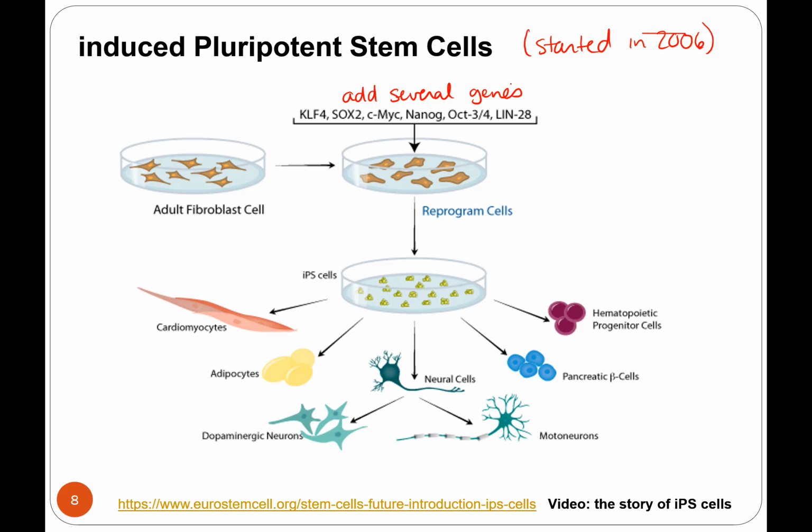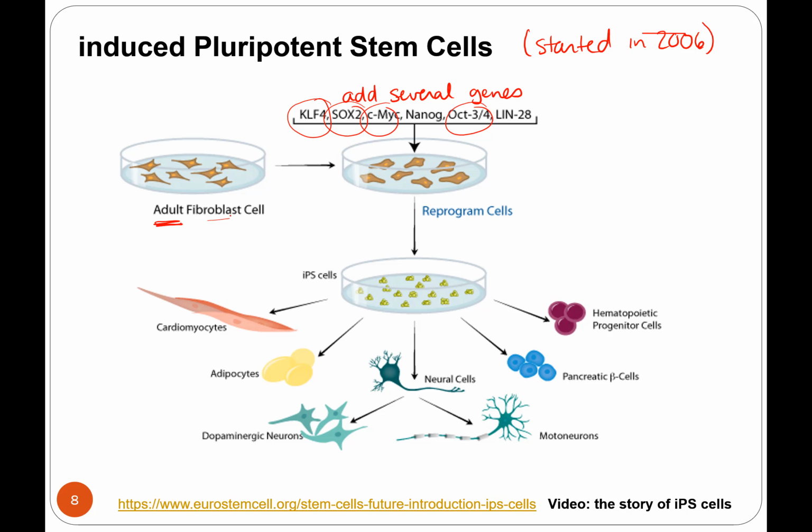And the ones that are the most used, KLF4, SOX2, c-MYC, and OCT3/4. And then depending on whose paper you read, Nanog, Lin28, there's an MBD3. Different labs use different genes that can take an adult cell.